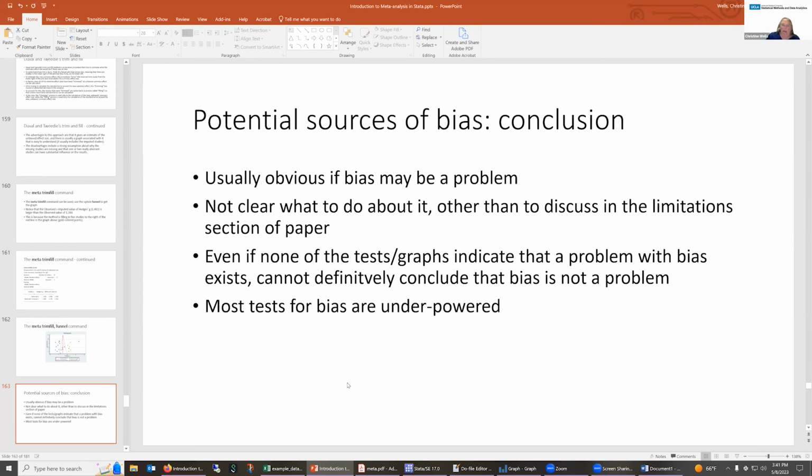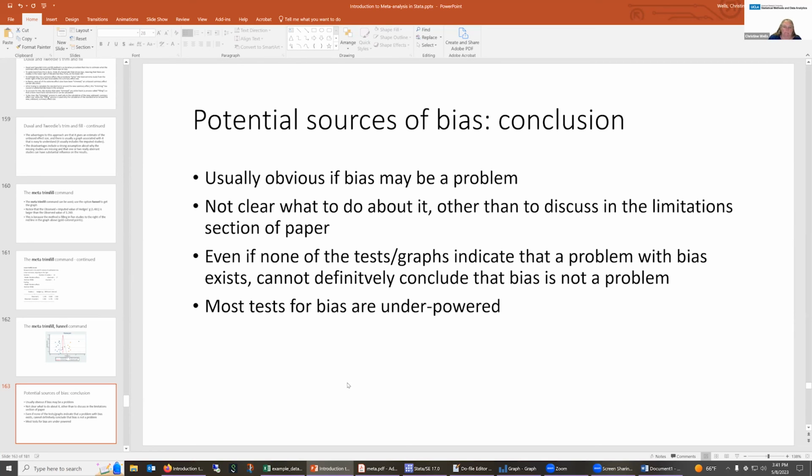It is usually obvious if bias is a problem, but it's not nearly as obvious as what you're supposed to do about it, other than to discuss it in the limitation section of your paper. It should always show up there. Whether or not there's anything from either the tests or the graphs that indicate that there's a potential source of bias, you do need to always discuss that.